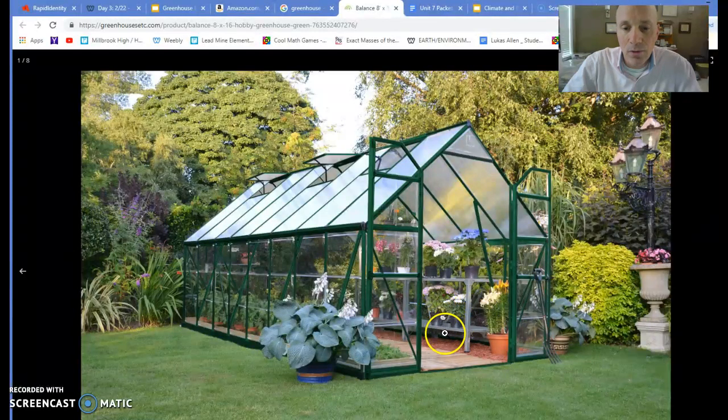Those objects are then going to try to release some of that heat, but it's going to get trapped inside because there's nowhere for it to escape. So more heat ends up getting absorbed than released, and so the temperature warms up inside the greenhouse.